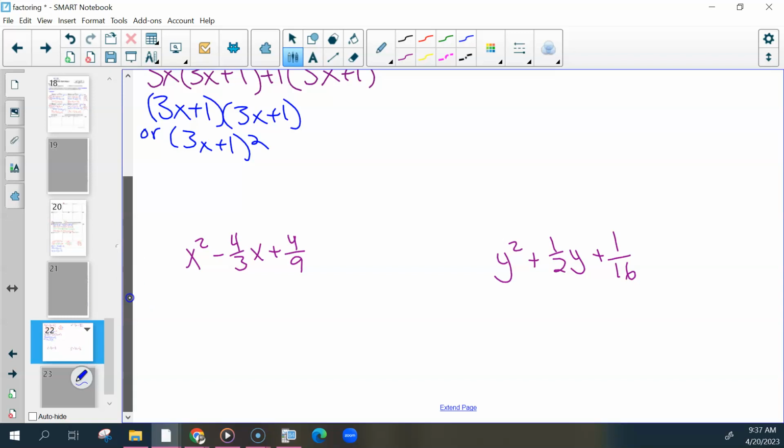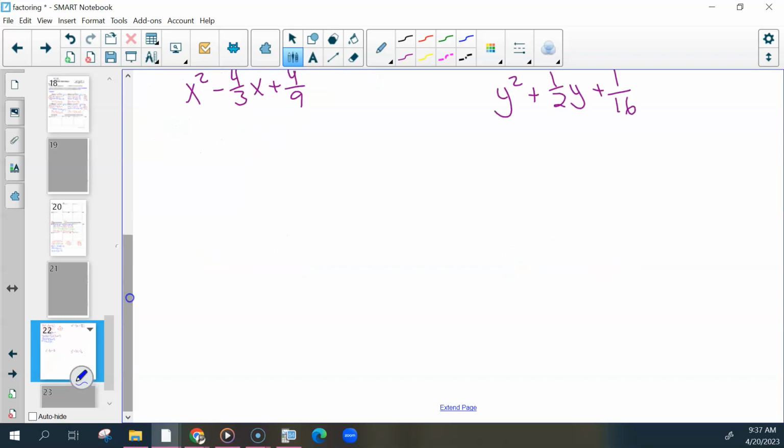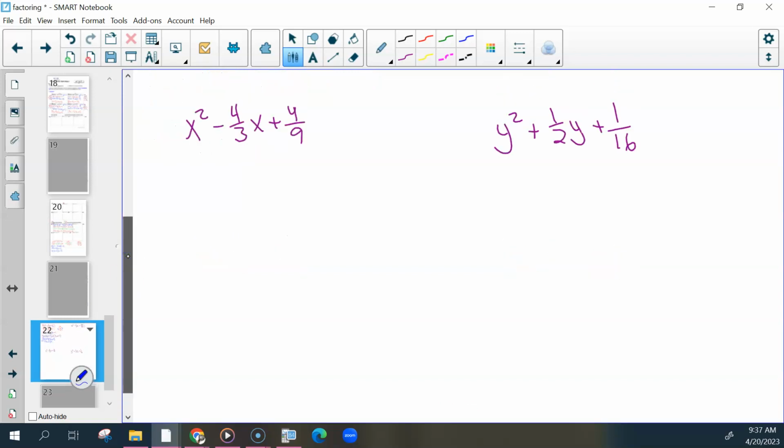Okay, for this one, if you could think about your factors, really looking at this last one and saying what times what will give you 4, what times what will give you 9, you could write out your factors. So what times what will give you 4? 2.